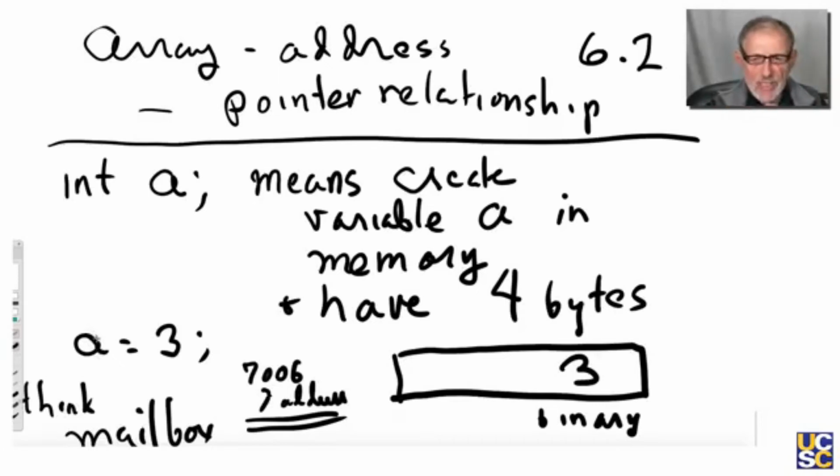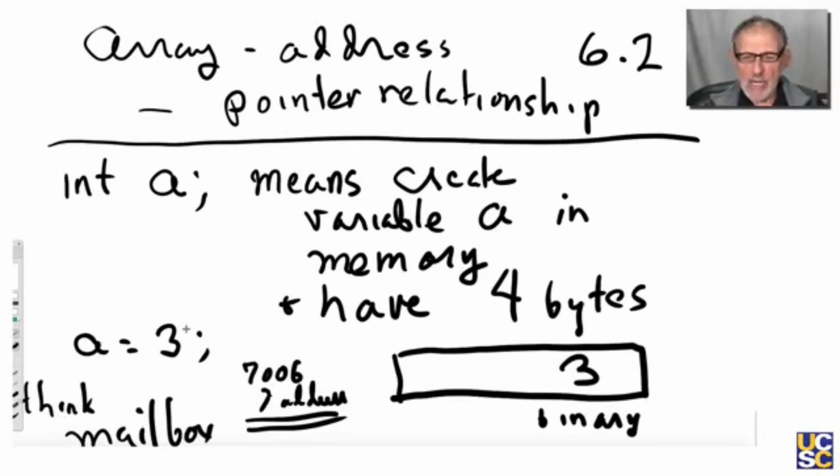That's how we use it in the code, but we think it has a location in memory, and inside that location is some stored value interpreted as an integer. One way to think about this: imagine a whole bunch of billions, and in big computers it could be hundreds of billions, of mailboxes.